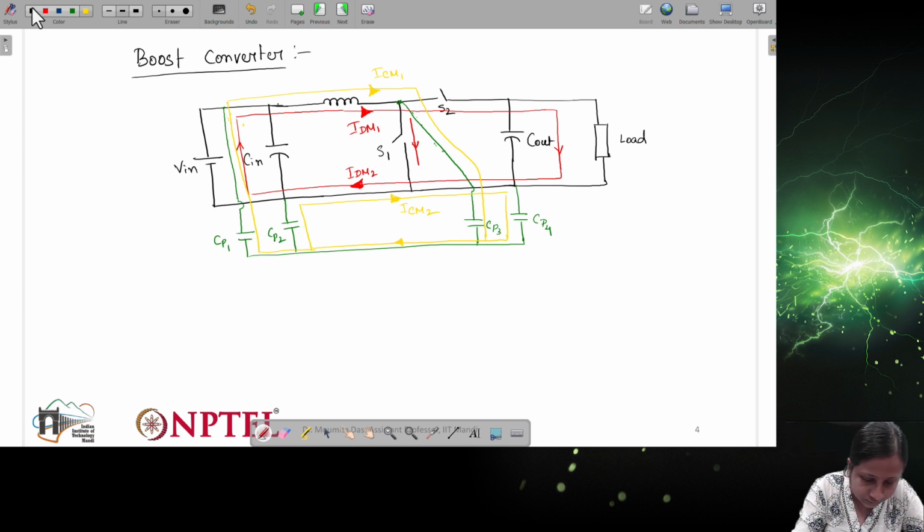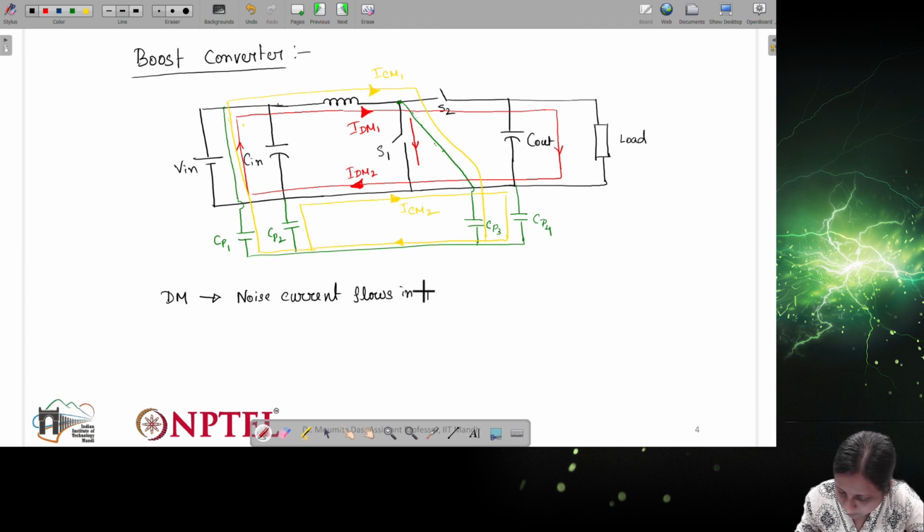Okay. So here, for DM, noise current flows in power lines in opposite directions.